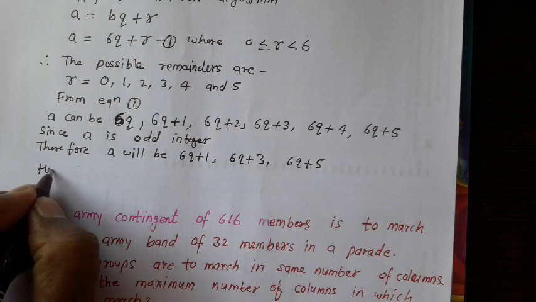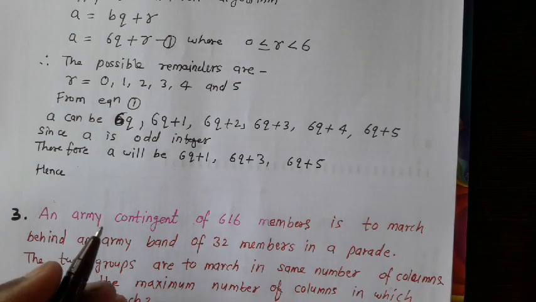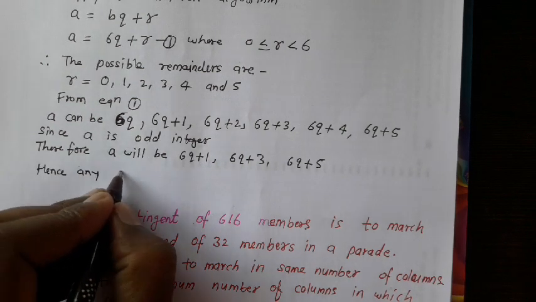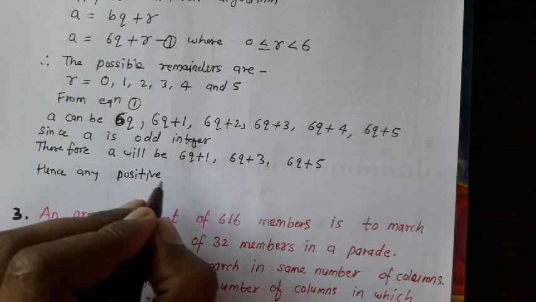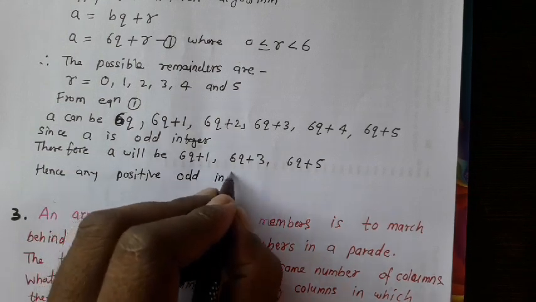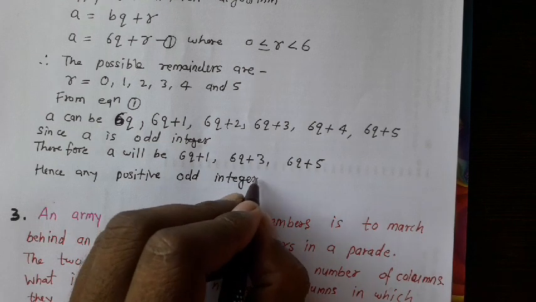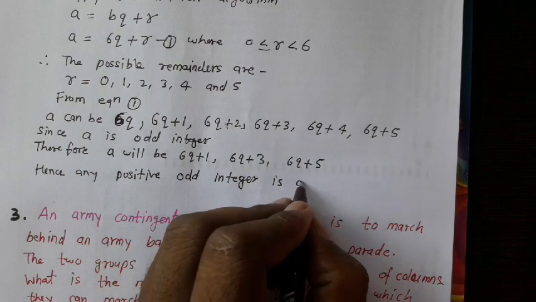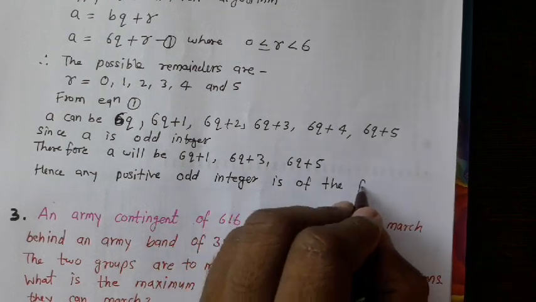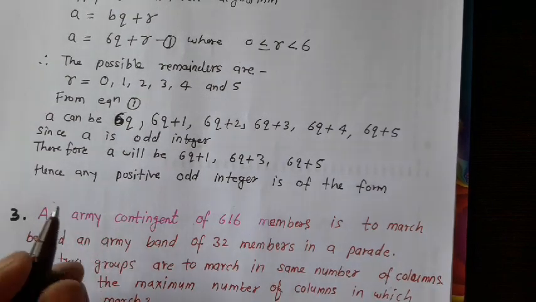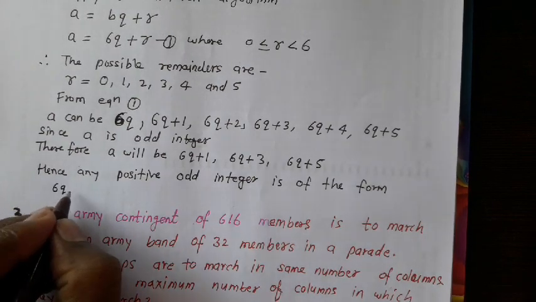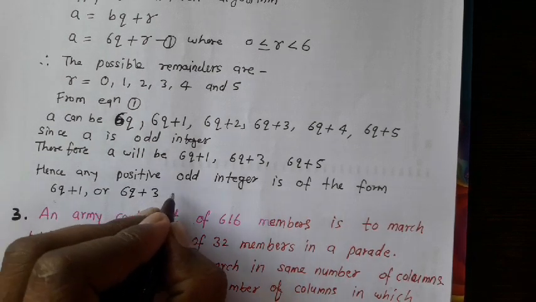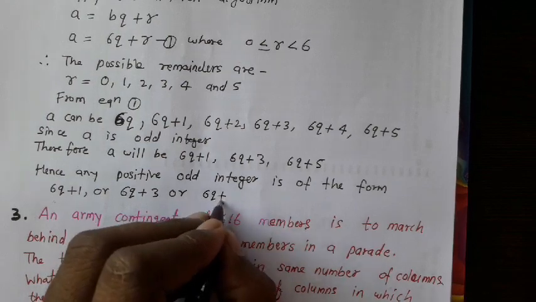Hence we get the answer: any positive odd integer is of the form 6q plus 1, or 6q plus 3, or 6q plus 5.